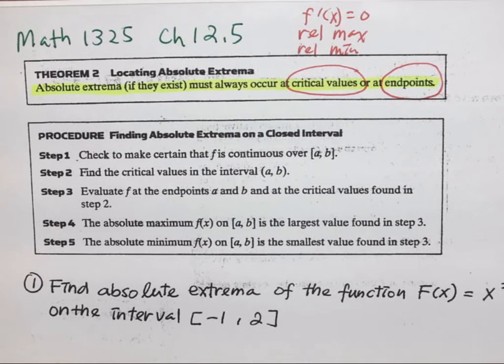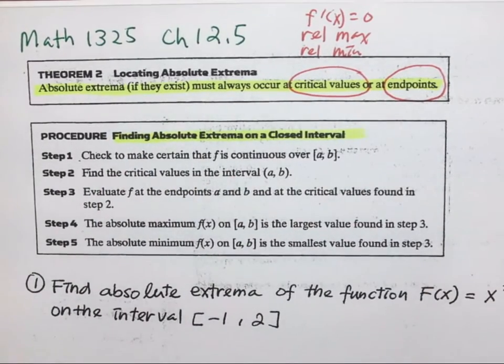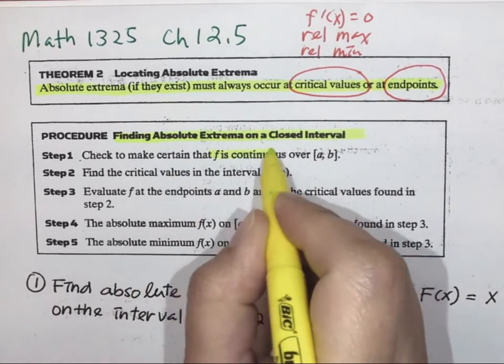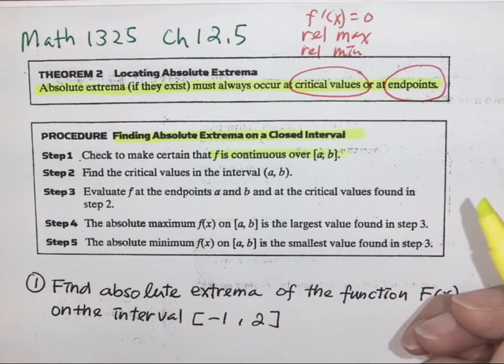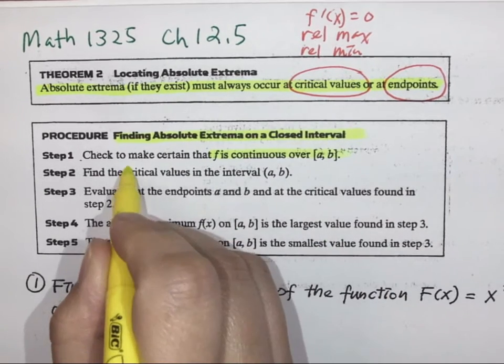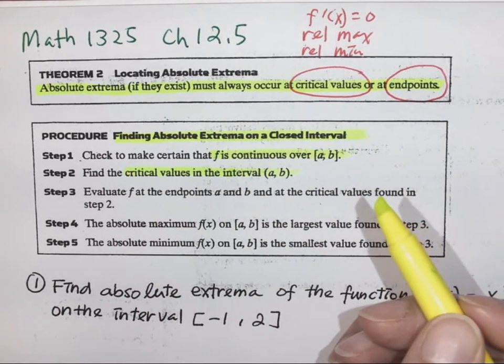So they list a few steps for you to follow. When you try to find the absolute extrema in a closed interval, you want to make sure, first of all, this function is continuous between those two values. And then you want to find the critical values that are in that interval.